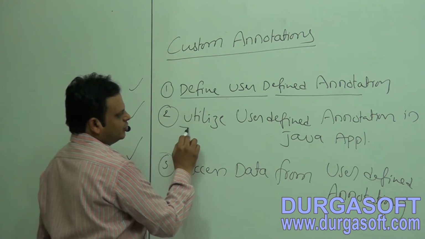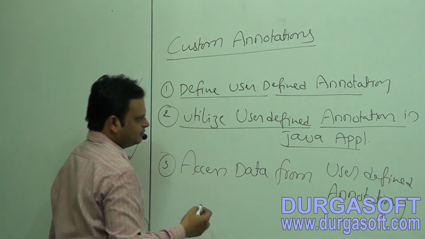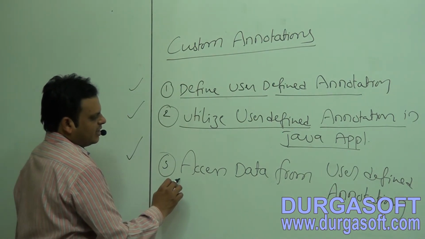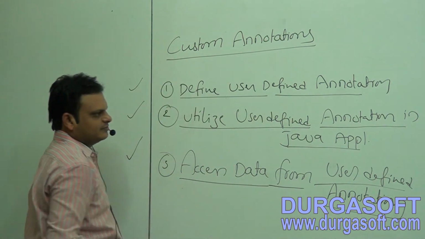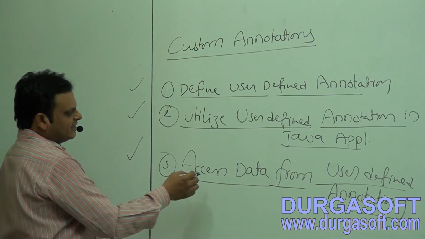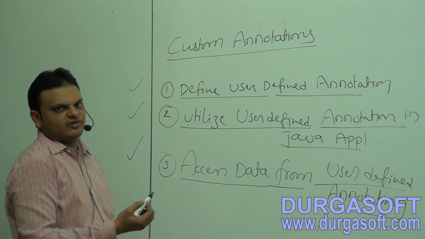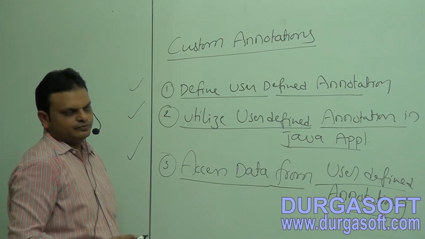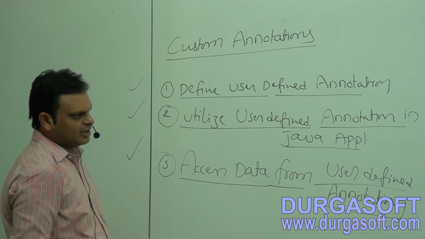Number 2, utilize the user-defined annotation in a Java application. Number 3, access data from the user-defined annotation. To access the data from the user-defined annotation, we have to use the reflection API. Fine, we will see this content practically, programmatically.